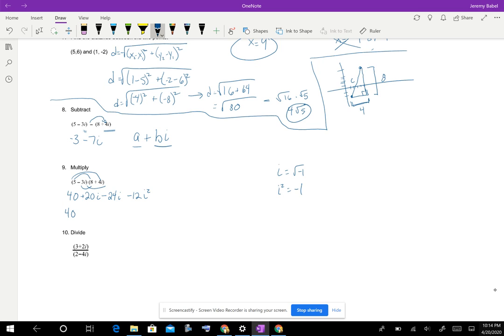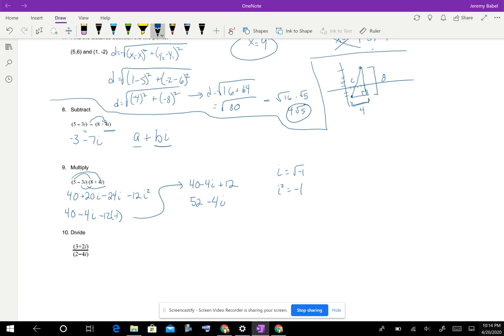40, combine these like terms, minus 4i, and then minus 12 times negative 1. Minus 12 times negative 1 is going to be a plus 12. So 40 minus 4i plus 12. 40 plus 12 is 52 minus 4i.